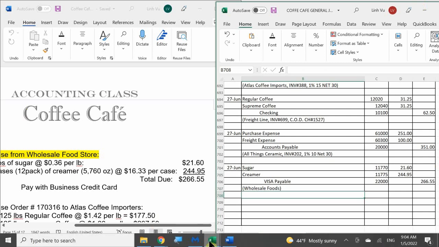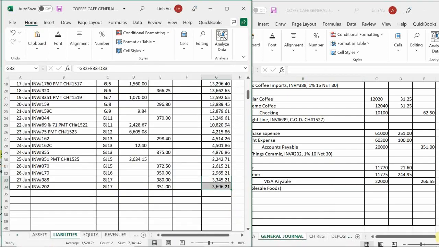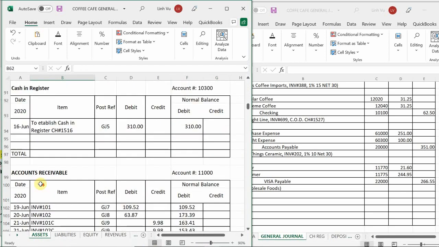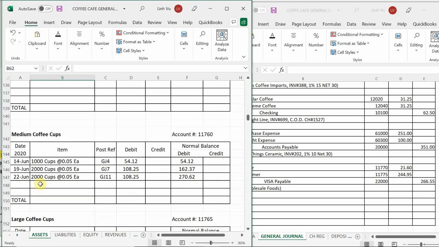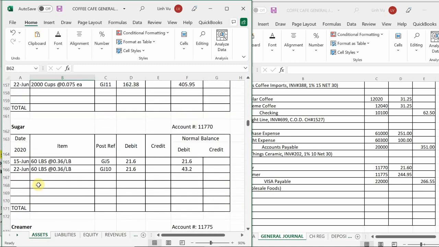So now update our accounts, starting with our assets with some sugar. So sugar, another 60 pounds at 36 cents per pound, for $21.60.